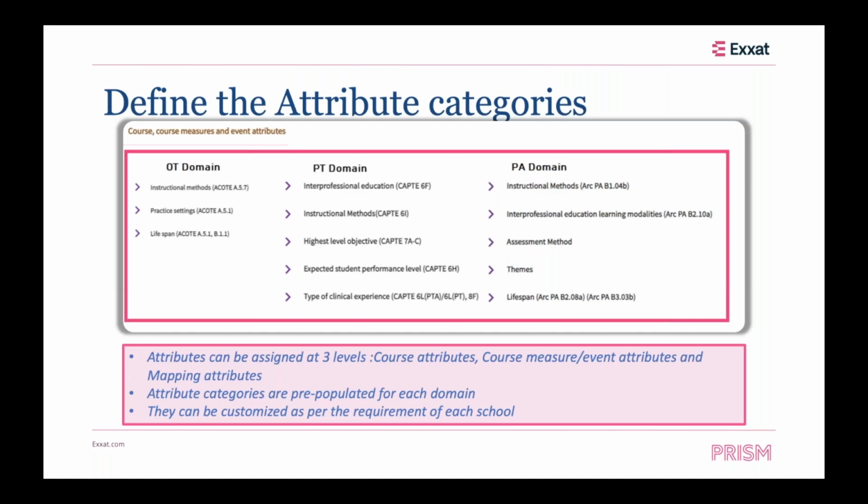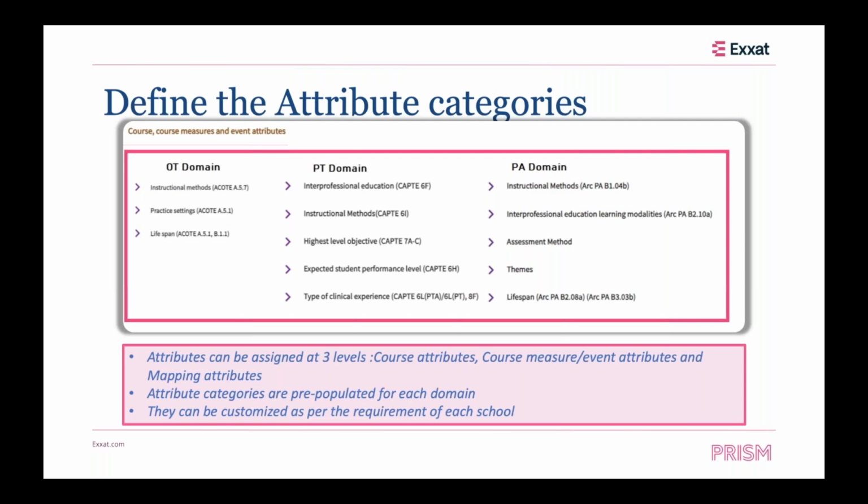For example, here you can see that both the ACOT standards as well as the ARC-PS standards have a standard that asks them to discuss how lifespan is covered in the entire curriculum. So creating an attribute of lifespan and defining your lifespan categories like infants, adult, elderly, and then tracking and marking which lecture objective or which instructional objective in which course is covering which lifespan.